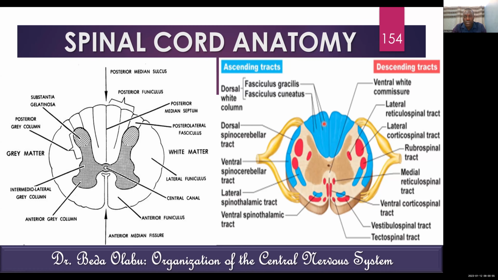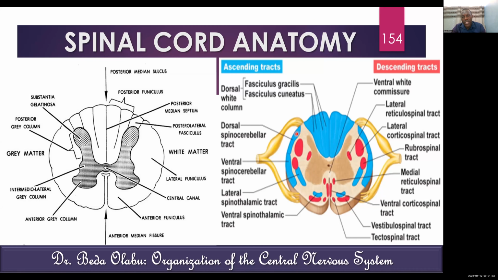But in general, look at the posterior white matter. The posterior white column contains two major tracts. We call them fasciculus gracilis and fasciculus cuneatus. Fasciculus gracilis carries information from the lower part of the body. Fasciculus cuneatus carries information from the upper part of the body, but they're all in the dorsal column. I want you to take note of that because we are going to use it shortly.